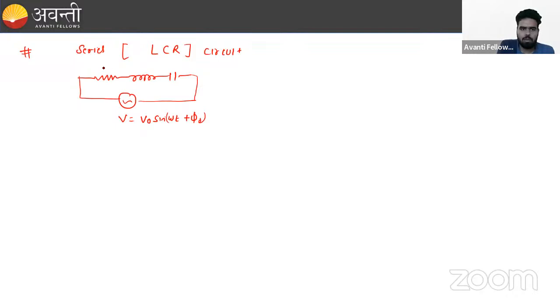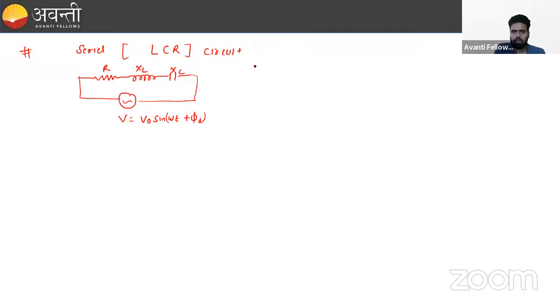These are the values of resistance R, XL, XC. Correct. What is the variety of questions asked in this segment? Let's see.